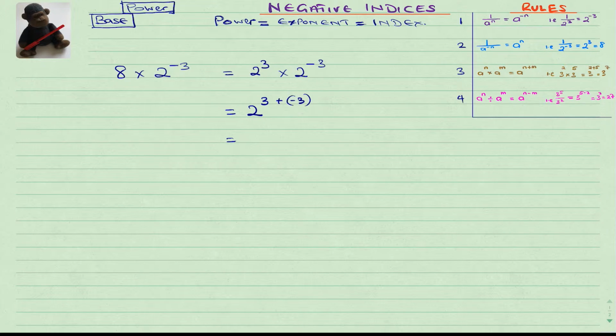Well, plus 3 plus minus 3 will become 2 to the power 3 minus 3, because plus times minus is minus. That's why we put it in the bracket, so we multiply the plus and minus. And that will become 2 to the power of 0. Anything to the power of 0 is 1. So that's 1.